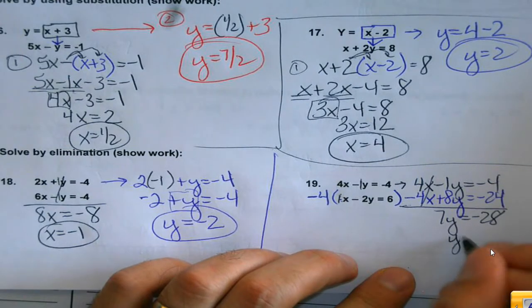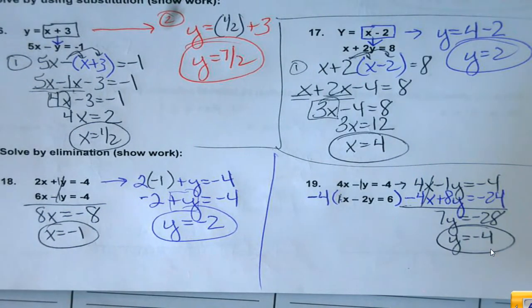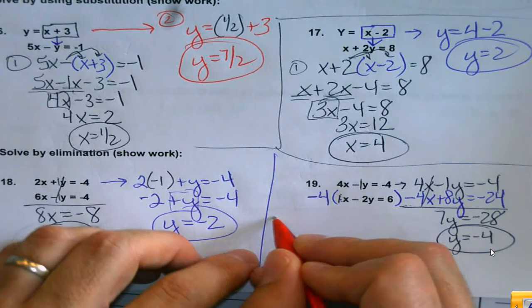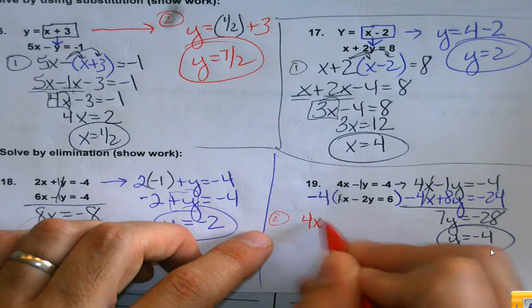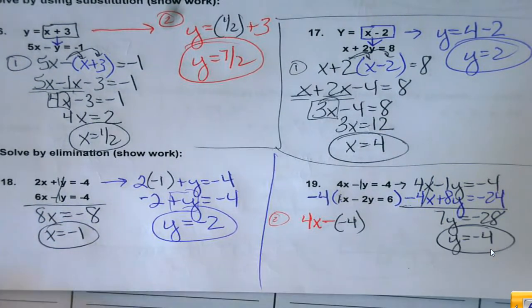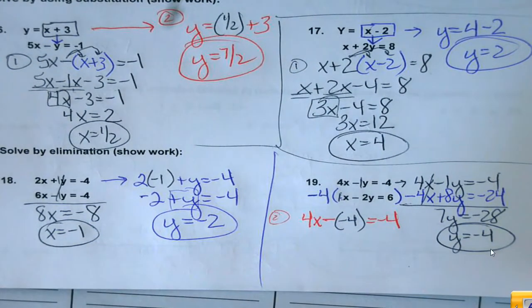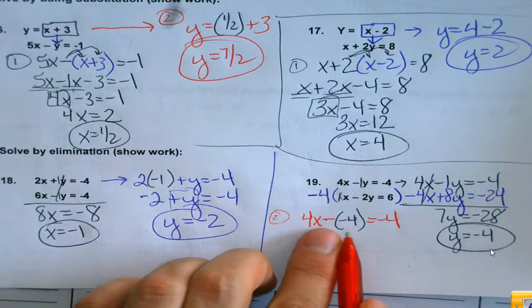Divide by my 7. And once again, I've got to solve for my other variable, which this time is x. So let's just keep going to the top one here. So I'm going to plug in my y value. It's the little stuff where we're going to gain or lose points.